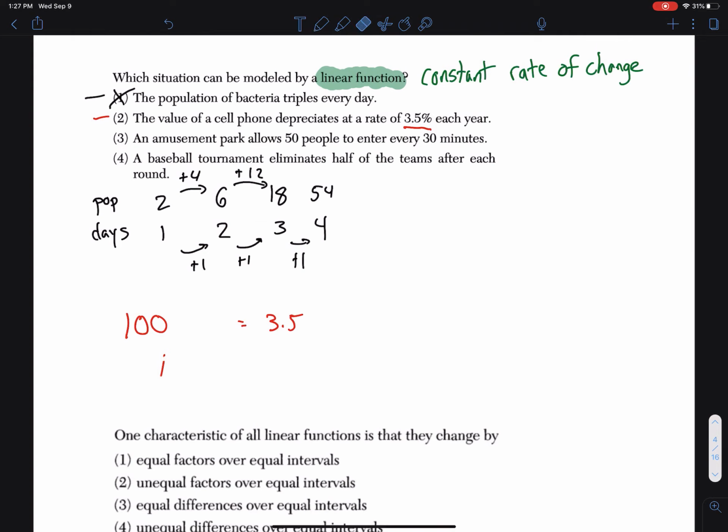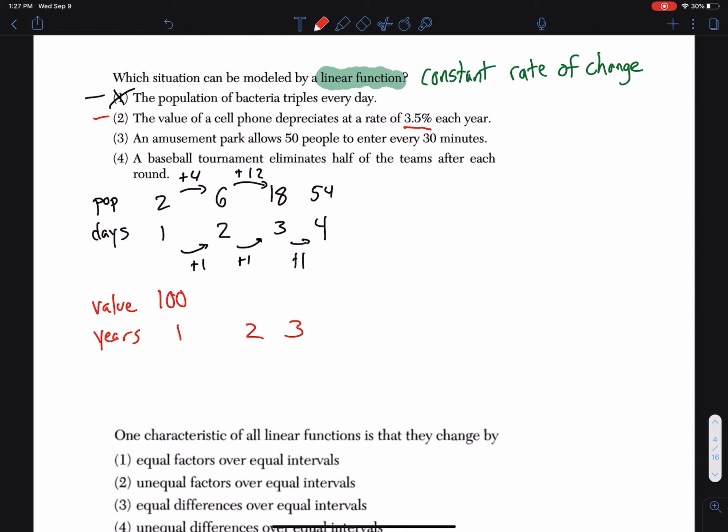So I can do a quick little XY table for you guys for this one if you want to do that also. The top would be the value of the cell phone, and the years would be the independent variable. So let's just do year 1, 2, and 3. And let's say the first year it starts out at $100.